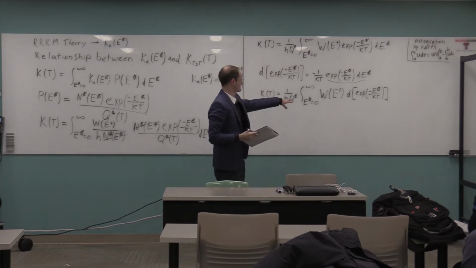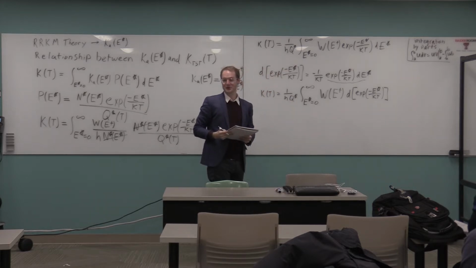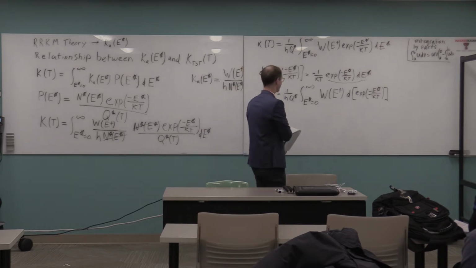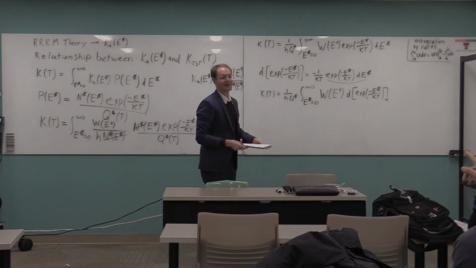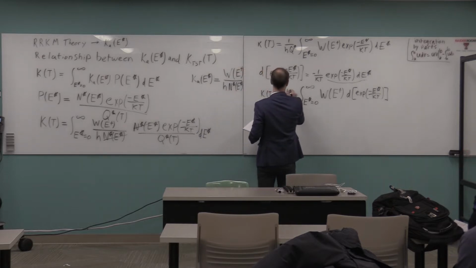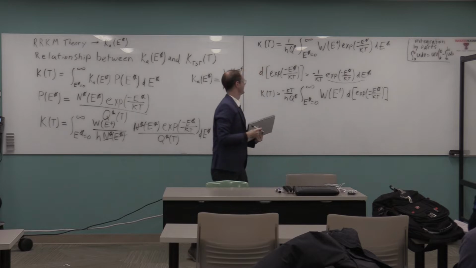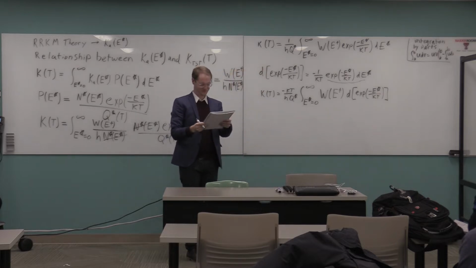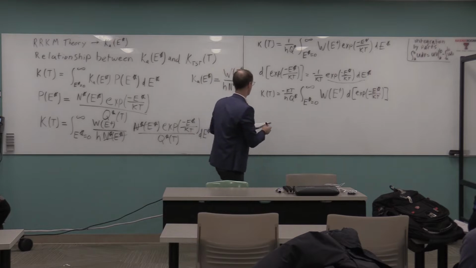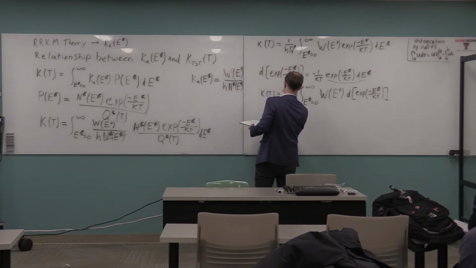Right? So now this looks like something that we can easily do integration by parts on. Multiplied by something. Oh, sorry, I forgot my minus KT. Okay, so this is equal to minus KT over H Q star.